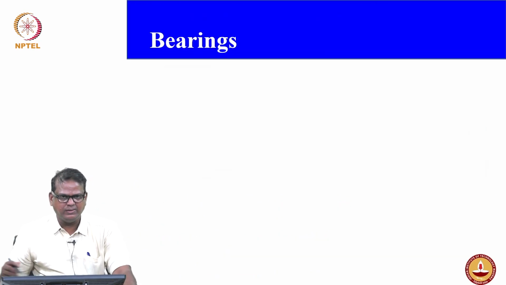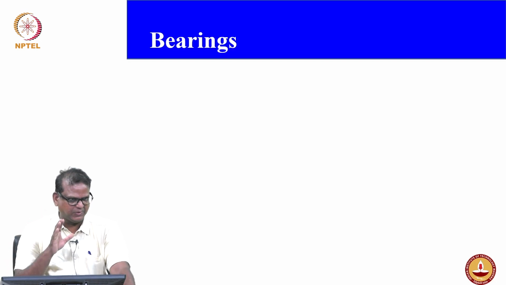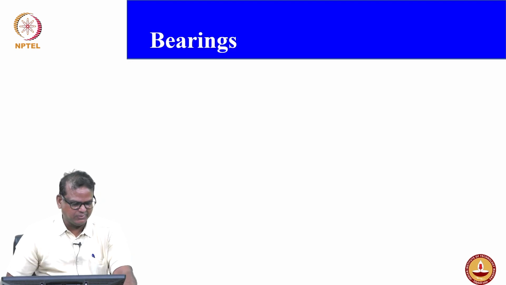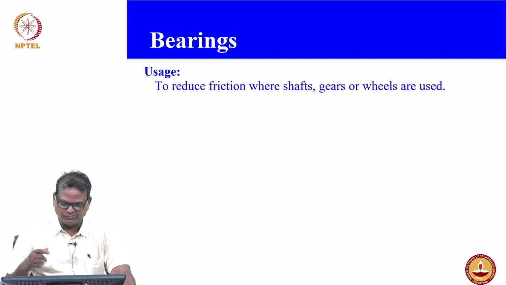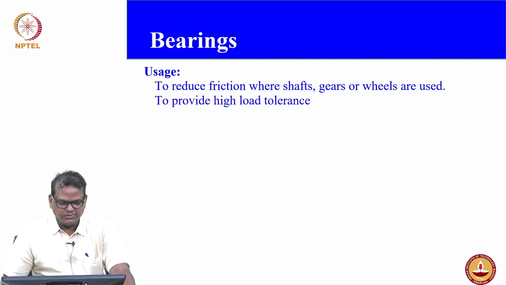Now we will move on to the bearing selection. This is just going to give information, because you would already have learned the purpose of bearings from your undergraduate course: to reduce friction where shafts, gears or wheels are used, and to provide high load tolerance.